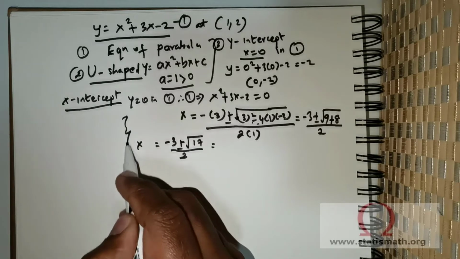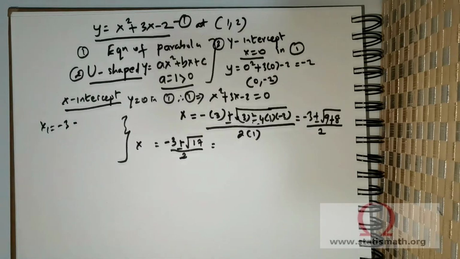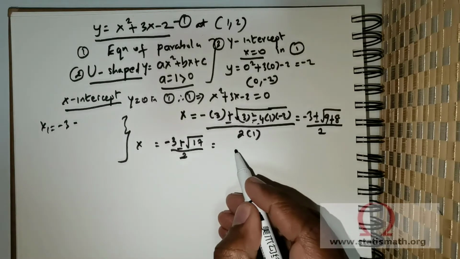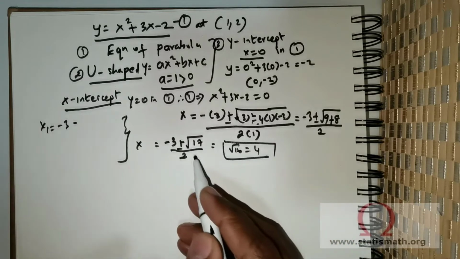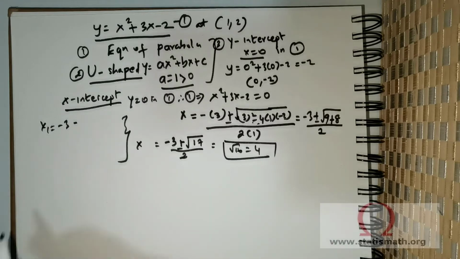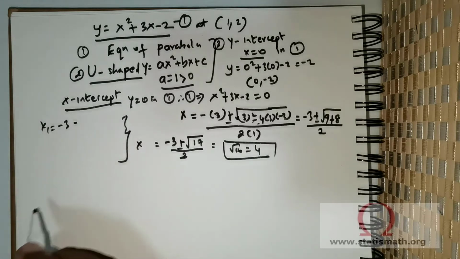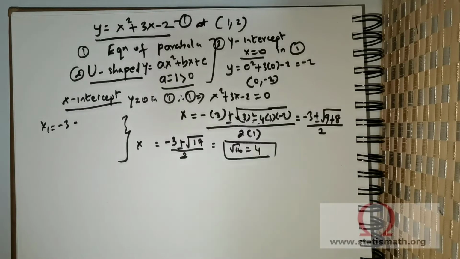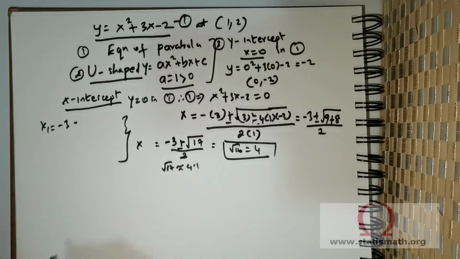So x1 will be −3 minus root 17, over 2. Now root 17 would be approximately 4 point something, because we know the square root of 16 is equal to 4, so the square root of 17 would be approximately 4 plus something. Let me assume the value of root 17 to be approximately 4.1.